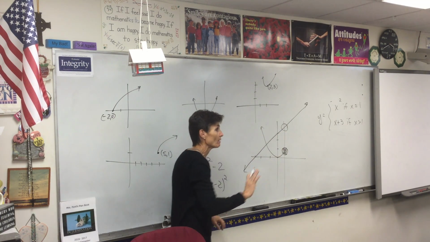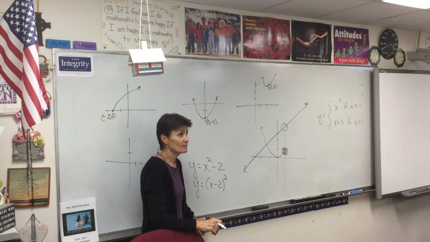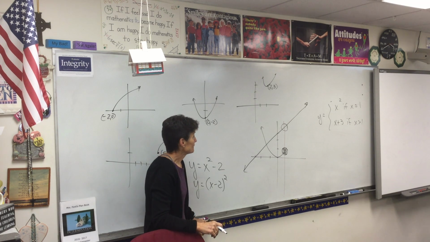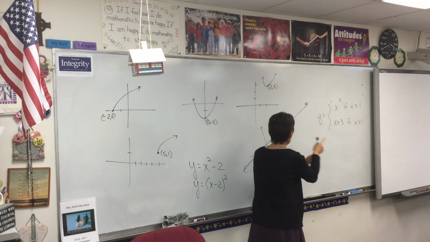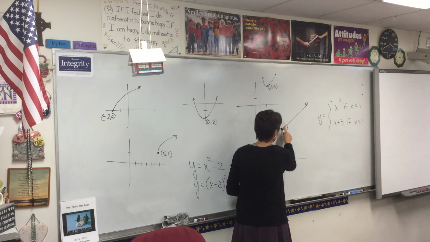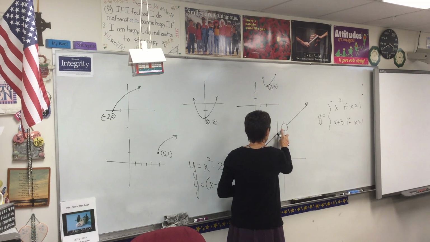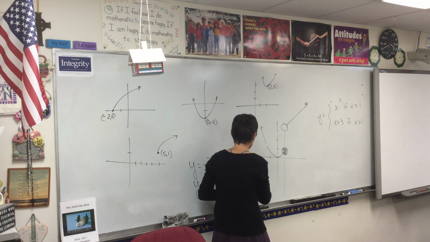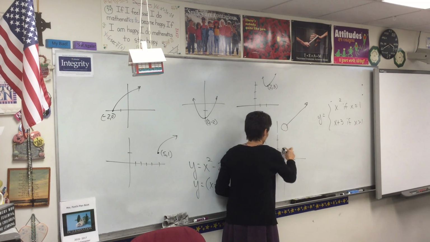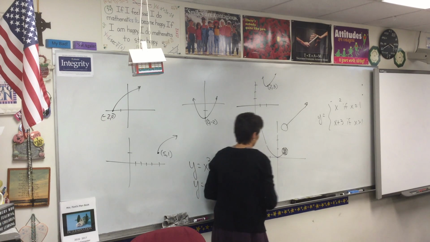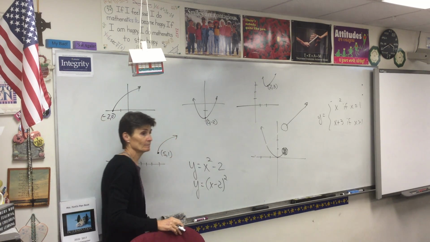That's the only point I care about, is where it intersects my dividing line. I want to keep that side of it, so that's an open circle, and I want to keep that side, so I'm going to erase this side. I'll get my dividing line out of there, and there's your picture.